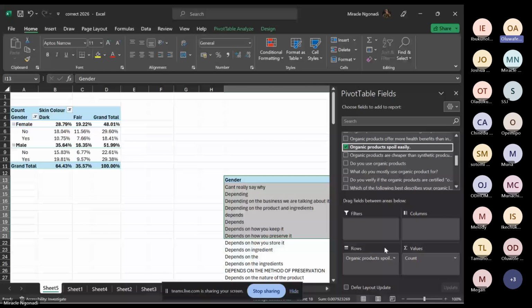For those who did the questioning, were they free to write anything they like, or were the answers controlled? For this particular question.